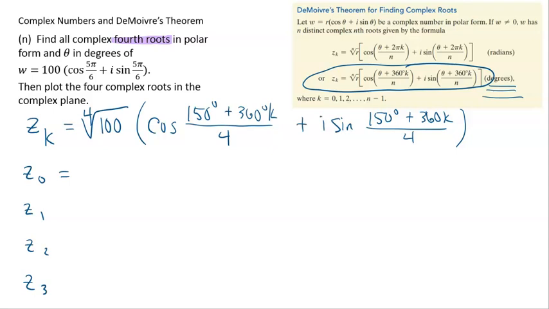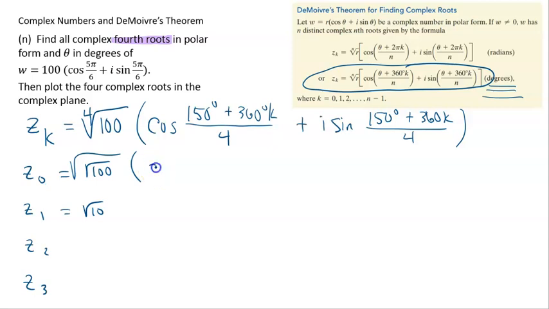Now, to me, it helps when I think about fourth roots. It's like a square root of a square root, right? So that's like the square root of 100 under another square root, which is really the square root of 10. Do you see that? So on this next line, I'm going to go ahead and write it as the square root of 10. But now, this is z sub 0, which means in every situation where there's a k, k is 0.